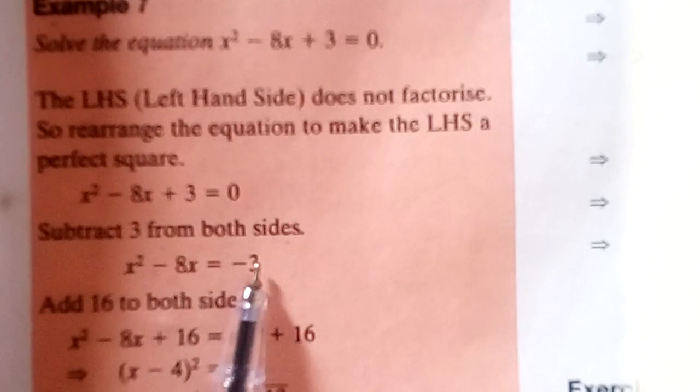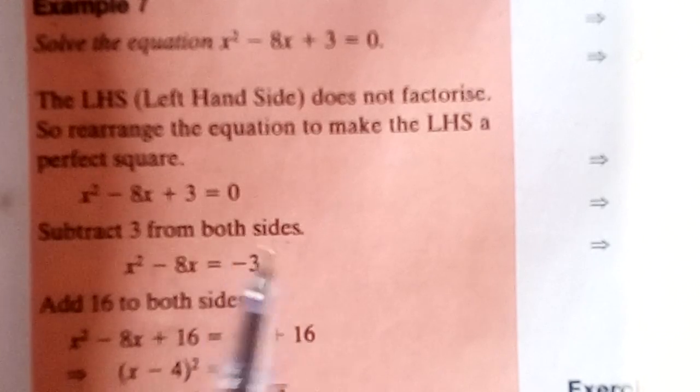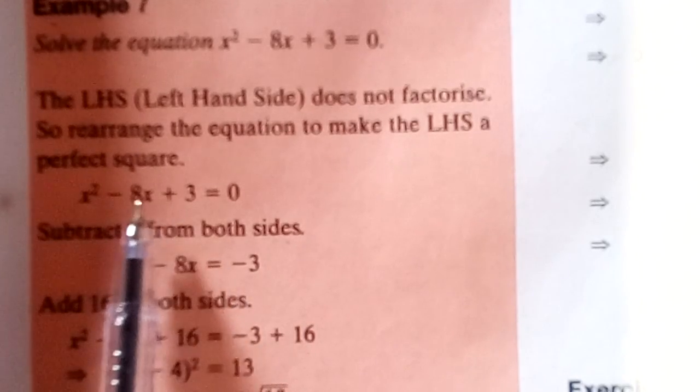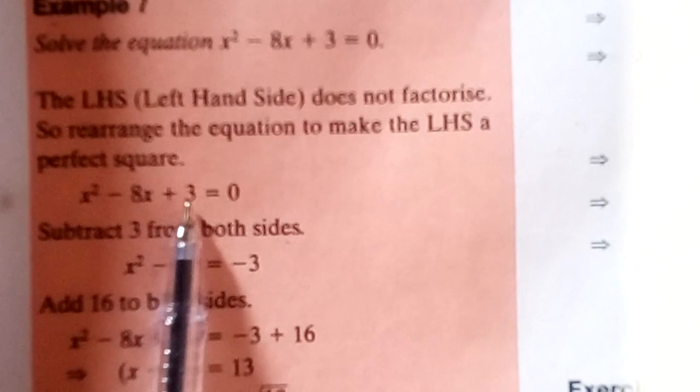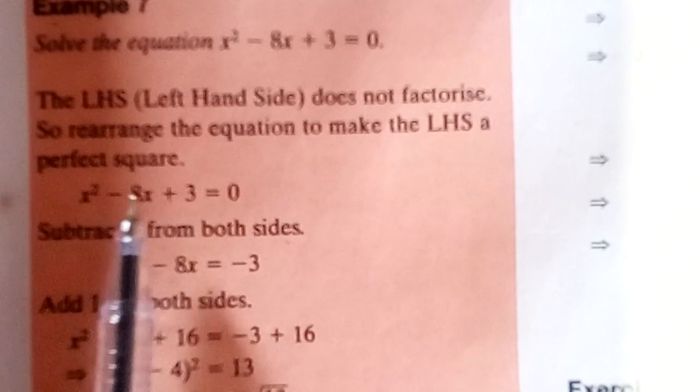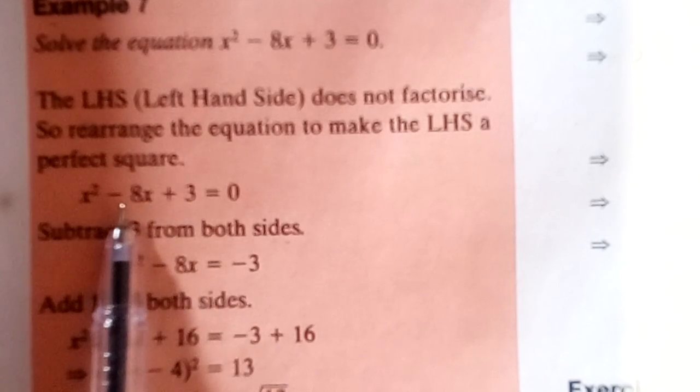Don't forget that we are not solving through the factorization method. If it is the factorization method, as I explained earlier, we just look for the factors of 3 that can give us minus 8.